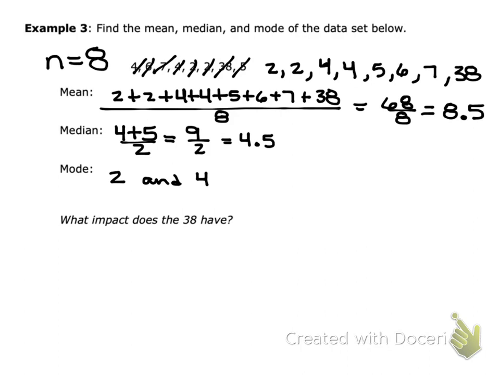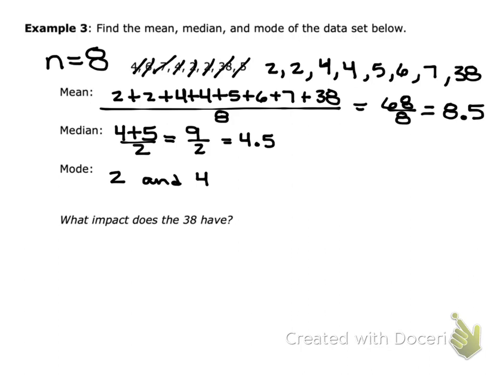Okay, so here's my question. We have a very clear outlier in this data, a number that's much larger than all the rest. How does that 38 impact the measures of central tendency? Kiana. Good. It pulls the average a lot further toward that outlier. Does it have much of an impact on the median and mode?